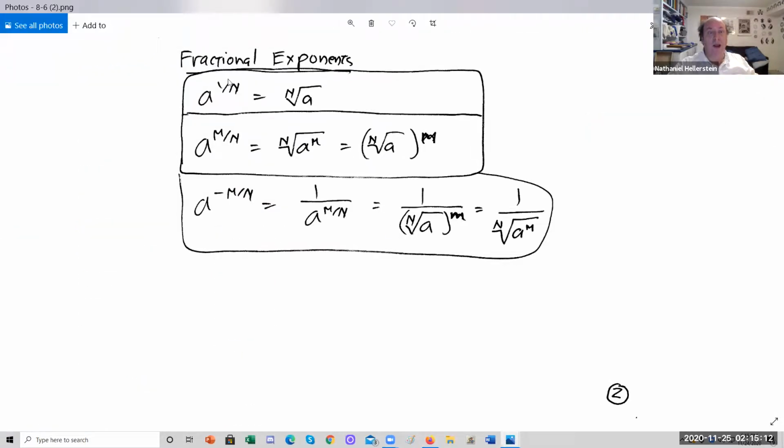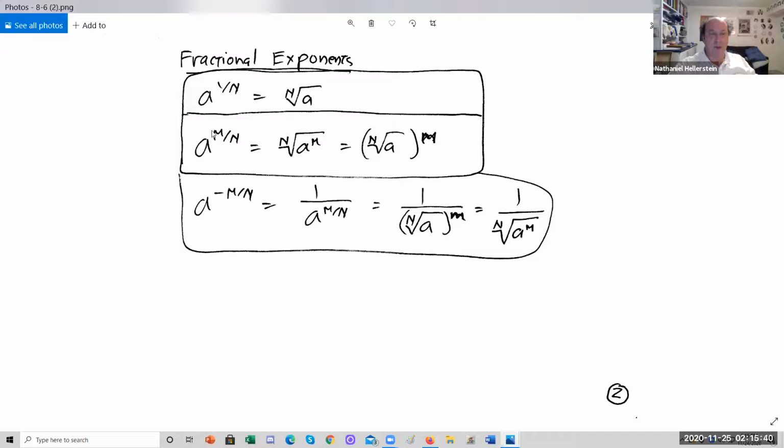Now we define a 1 over n power as an nth root. That way, if you take this to an nth power to get a, you get a to the n over n, which is a to the 1, which is a. So a reciprocal power is a root. Now, if you have a fractional power, you can think of it as the nth root of a to the m, or the nth root of a, that to the mth power.